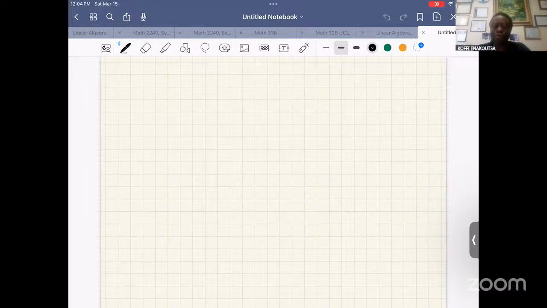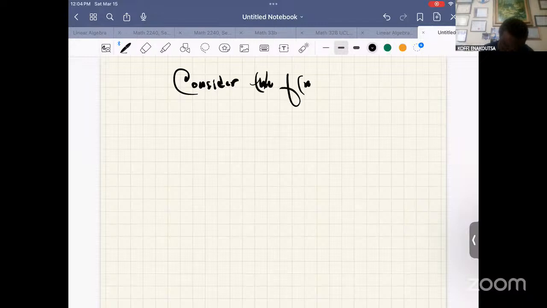Okay, so consider the function f of x, cosine of x plus 1 plus 1. Then I believe this was one of the questions we asked during one of the midterms.